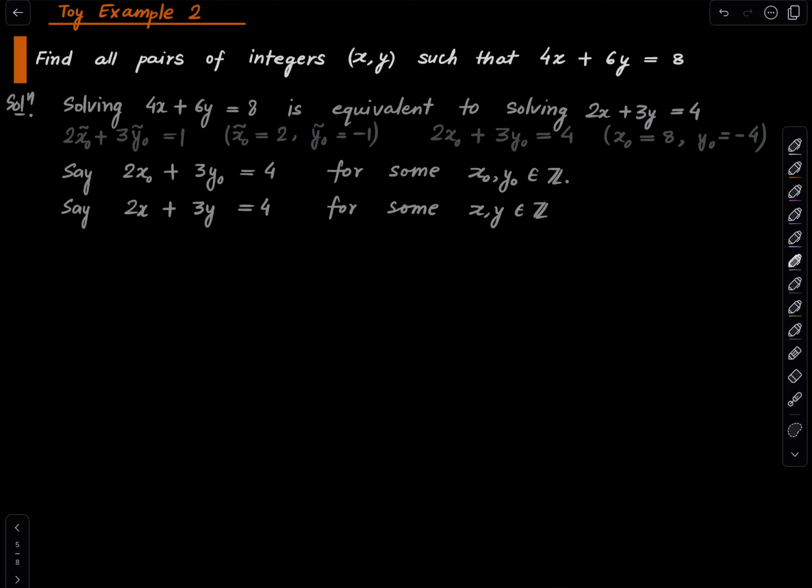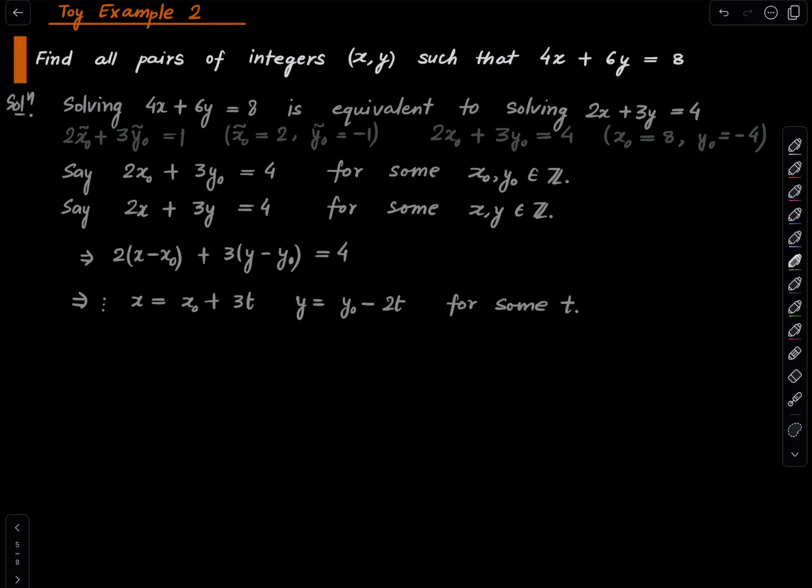And the same story, subtract to get the equation. You will write that x is x naught plus 3t, y is y naught minus 2t for some integer t, by the same reasoning.